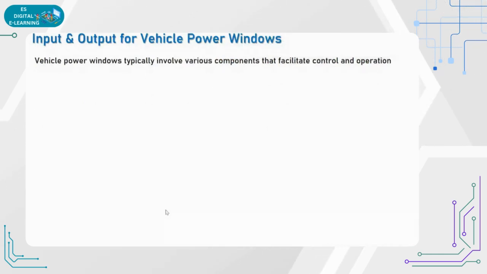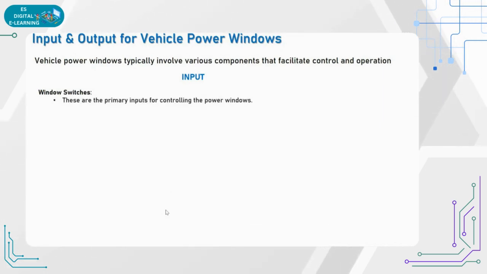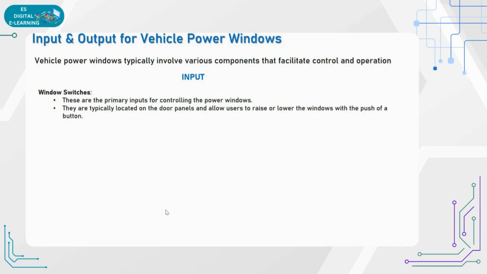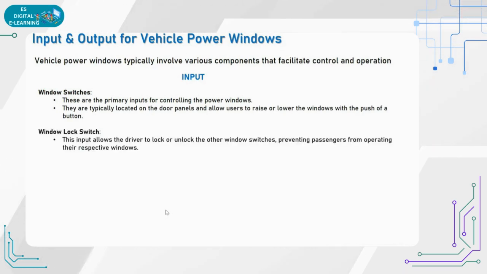And what are the inputs for the vehicle power window? Typically the window switches, which we are aware of, are the primary inputs. And the vehicle lock switch. In the doors we have switches, and with their help we can raise and lower the windows on the passenger side. Similarly, the driver also has a locking mechanism, so he can lock all the windows at one time. That is the window locking switch.